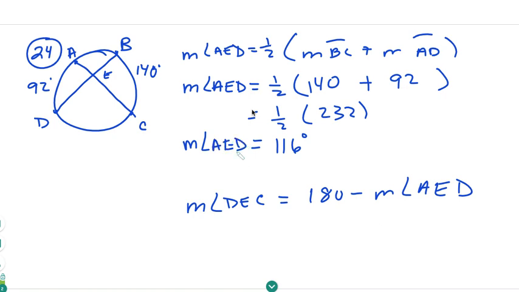So if I know that AED is 116, AED and DEC are linear angles. So I really just need to subtract that angle from 180. So it's going to be 180 minus 116. So that's going to give me 64.